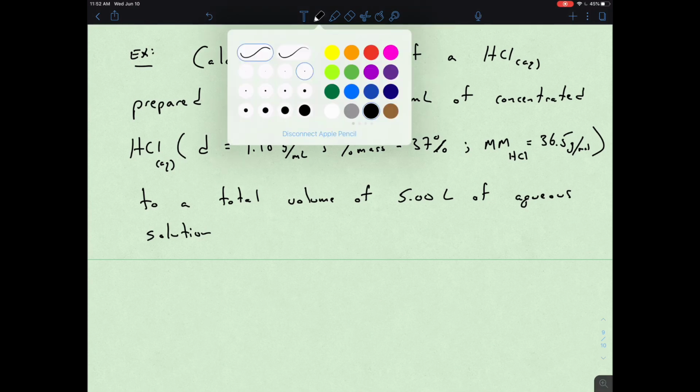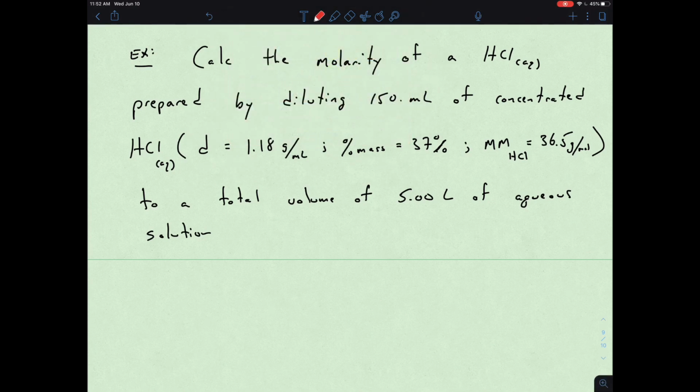If we look at what we have here, we really have two solutions. We have one HCl solution, which is dilute, and then we have another solution which is concentrated. So even though they're both solutions, they're both HCl and they're aqueous, one is dilute and one is concentrated.